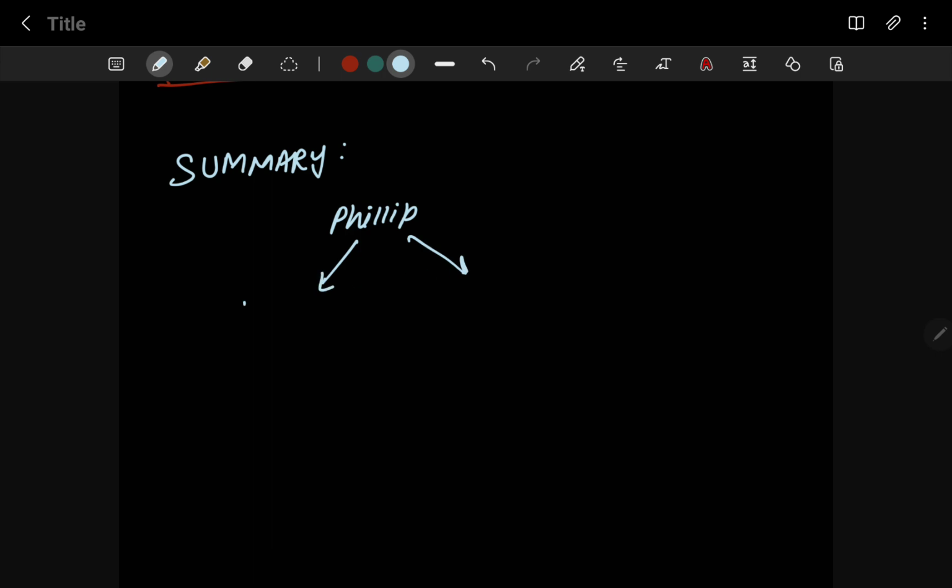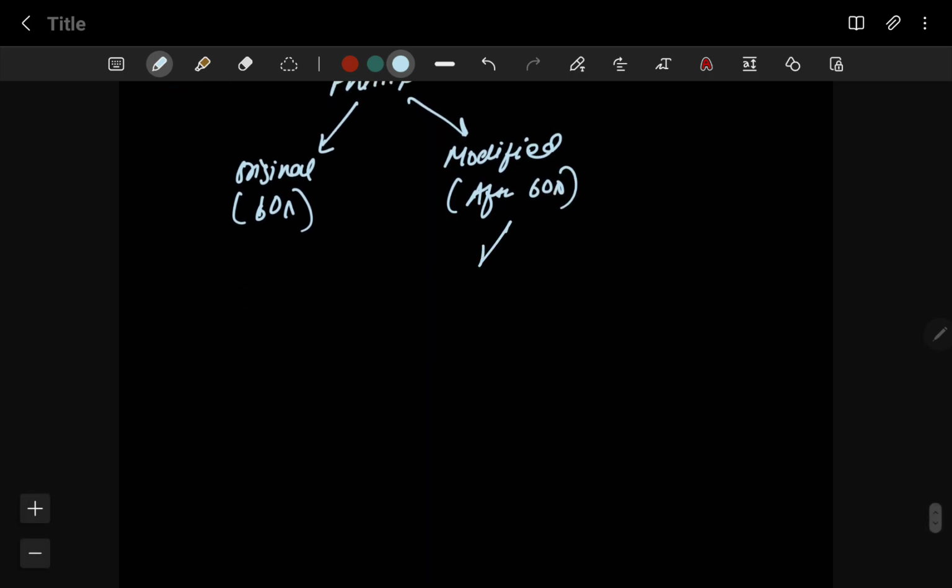Now just to summarize the entire thing, in Phillips curve we had two forms: original, before the 60s, and modified, after the 60s, right? Modified has expected inflation and natural rate of unemployment.